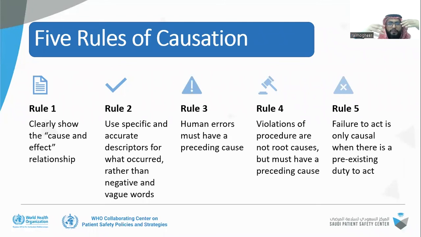If you remember the tool designed by the Saudi Patient Safety Center, you have the root causes, and next to it is something else. So 5 whys is a tool to reach the root causes. So now you have reached your root causes.